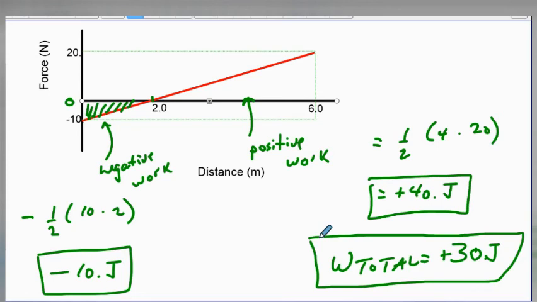So if the force is consistent, use the formula F times d times the cosine of the angle. But if you have a variety of forces, the easiest way of solving this is by using the graph method and finding the area. There is another alternative way of doing it, and that involves the use of calculus.